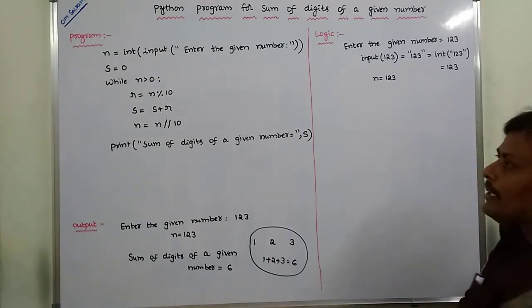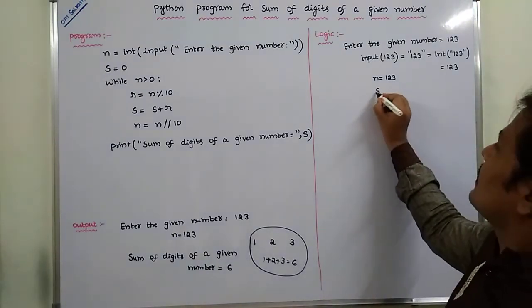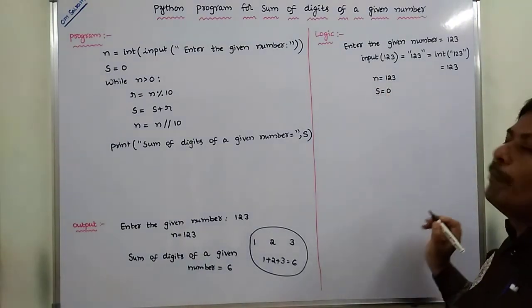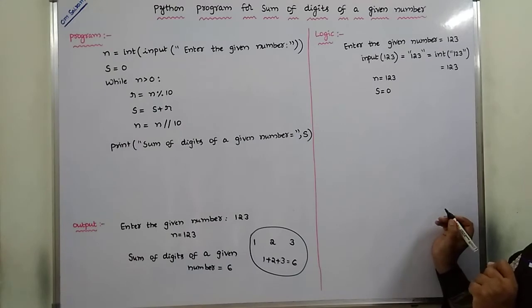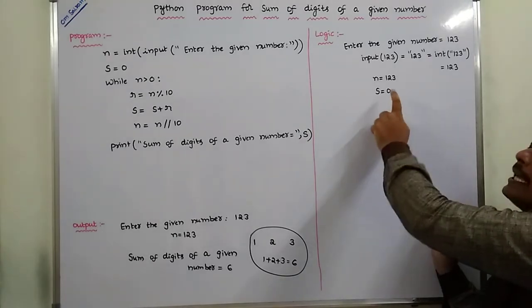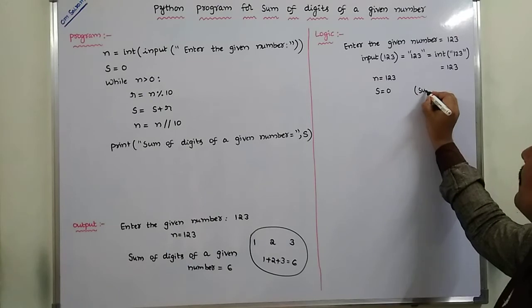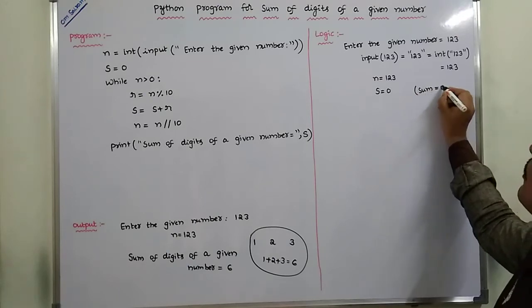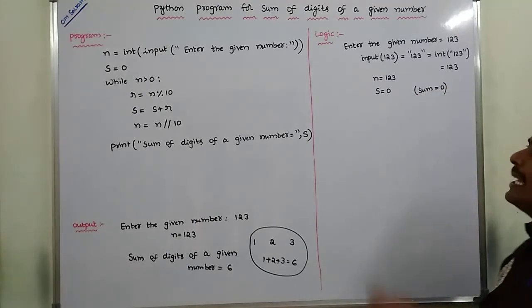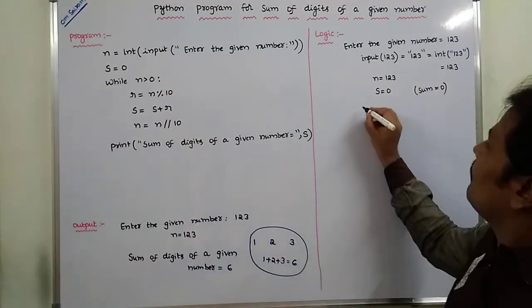Next one, initially s is equal to 0. s is equal to 0 means before we add the digits of the given number, initially sum is equal to 0. s means sum value.